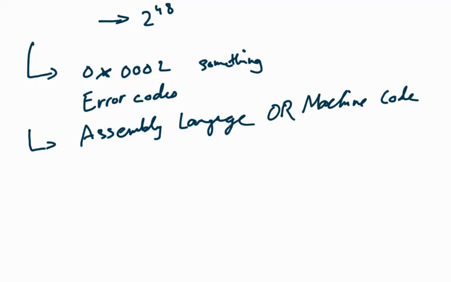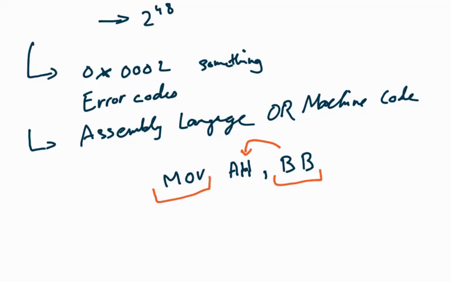I'm going to give you an example of what an assembly instruction looks like. So you've got a MOV with an AH followed by a BB. Now what it means is move the content BB into the upper half, or high byte, of the A register. You've got a register A which has a high byte and a low byte.